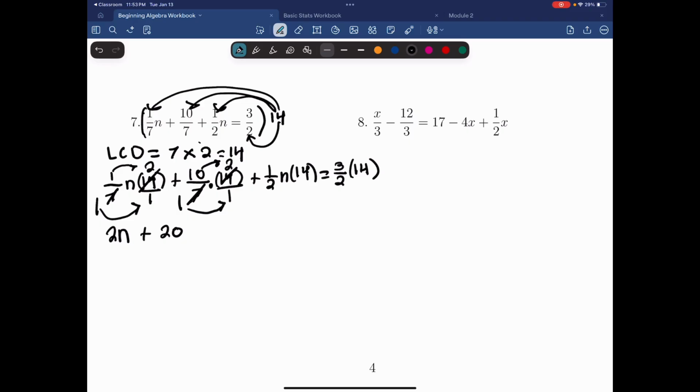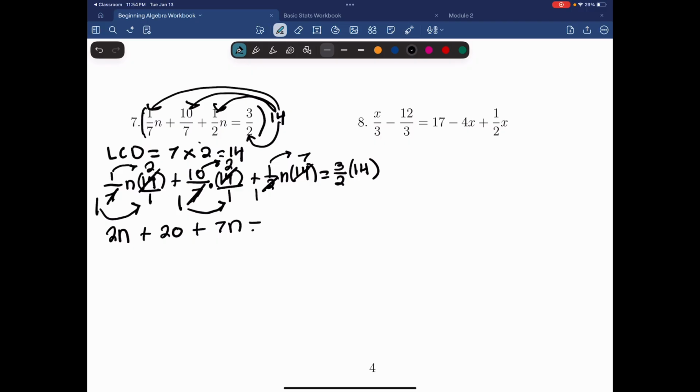I'm going to cross-reduce this. I can divide both 14 and 2 by 2. 2 divided by 2 is 1, and 14 divided by 2 is 7. So we get 1 times 7, which is 7, and then 1 times this invisible 1 that we'd have. And then we can't forget that n, so we have plus 7n.